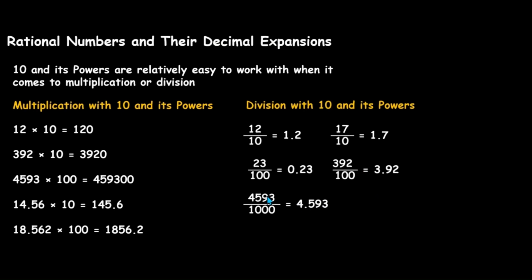And when some number is divided by 1000, because 1000 has 3 zeros, 3 digits will move to the right of the decimal point. And even for decimal numbers, same is the case. Here 100 has two zeros, so two digits will move to the right of the decimal point.